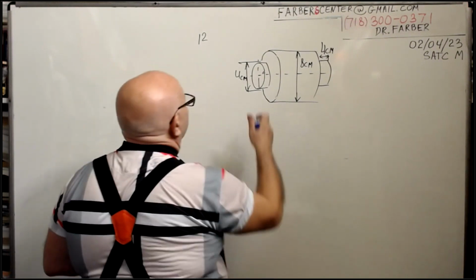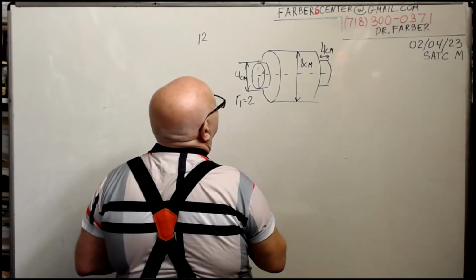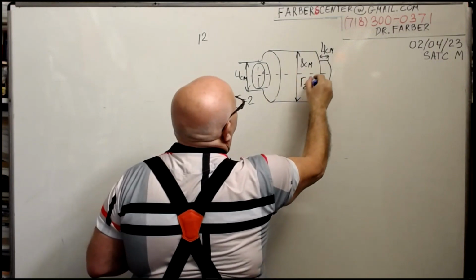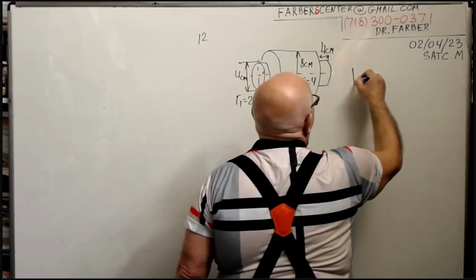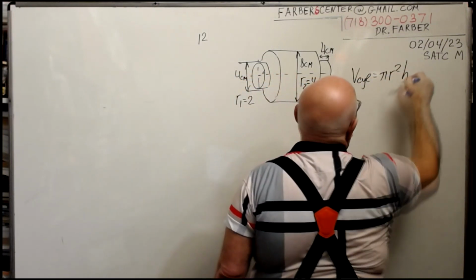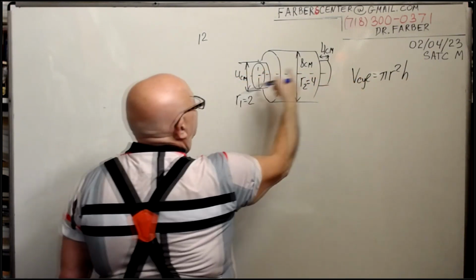Well, if this is 4, radius 1 equals 2. If this is 8, the radius of this big one equals 4. And the volume of a cylinder equals pi r squared times height. So the volume, I would name it inner, these 2 pieces.